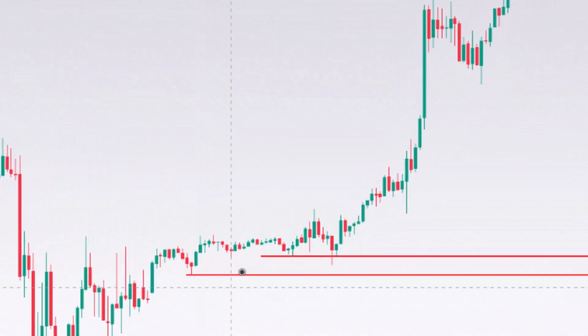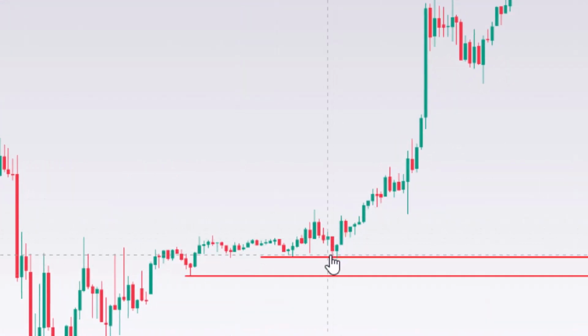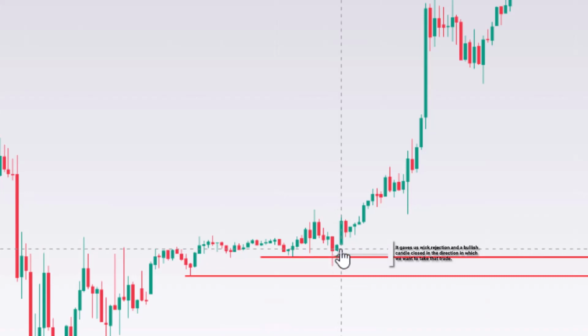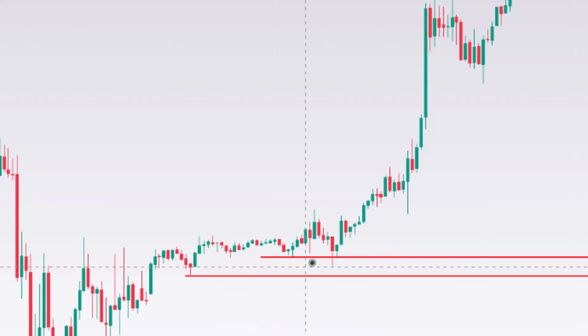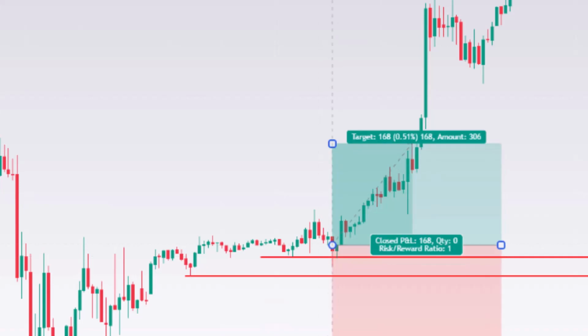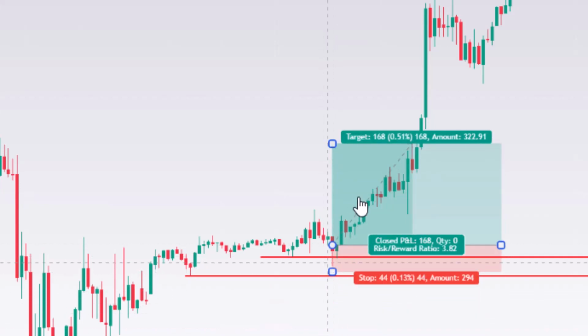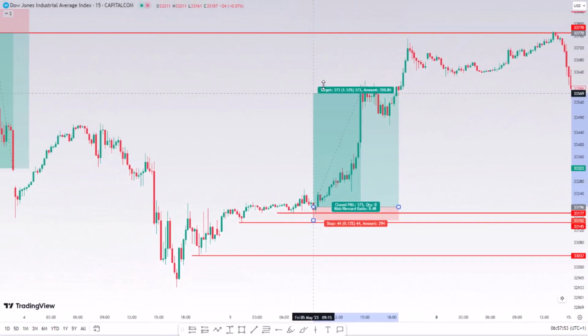If you notice, as price approaches one of these levels here, it gives us what? Weak rejection and a bullish candle close in the direction in which we want to take that trade. Immediately those two criteria are fulfilled, take your trade with no hesitation and your stop loss slightly below the wick which was created, right alongside the smart money and the market maker.